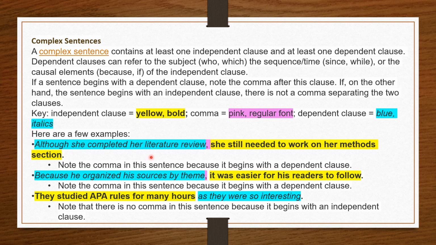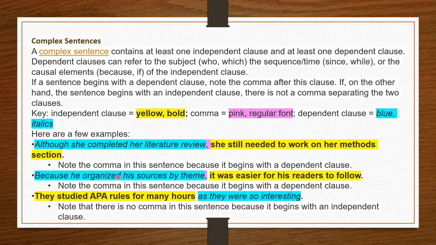Although she completed her literature review, she still needed to work on her methods. This is a dependent clause and this is an independent clause, and they are connected with a comma because we started with the dependent clause. Because he organized his sources by theme, it was easier for his readers to follow.